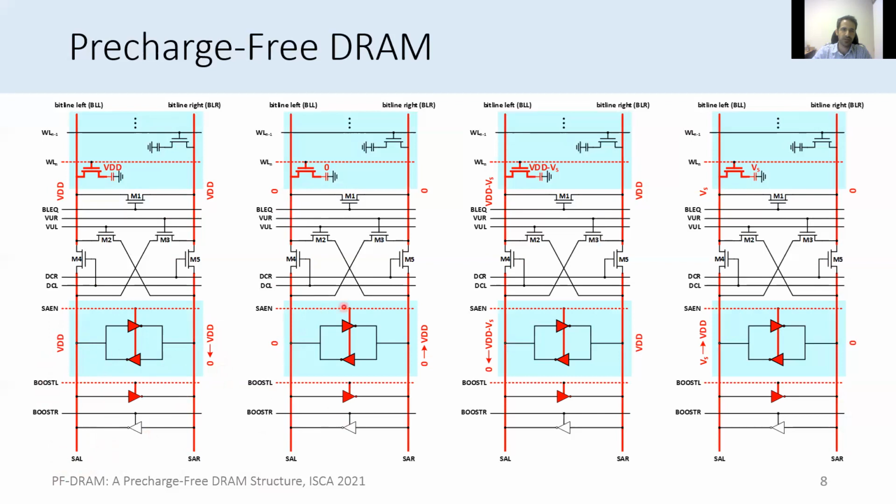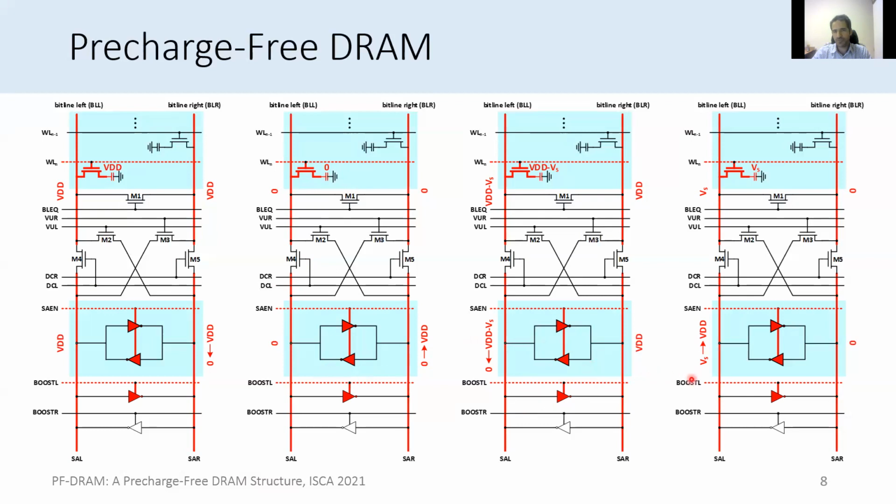The same scenario will happen here. If we have 0 and 0 here, since two NOT gates are trying to pull down this value, they will win the race against the single NOT gate here.